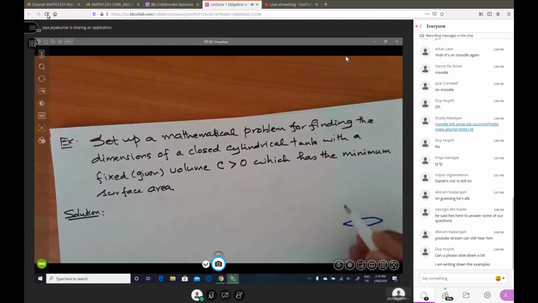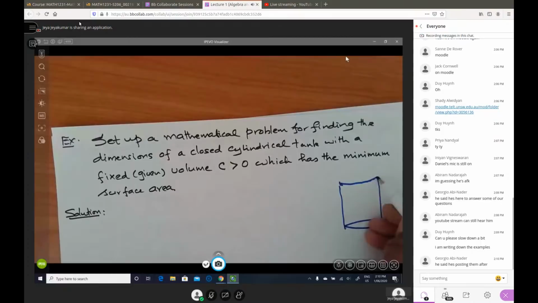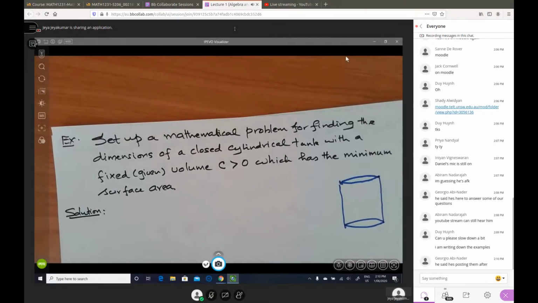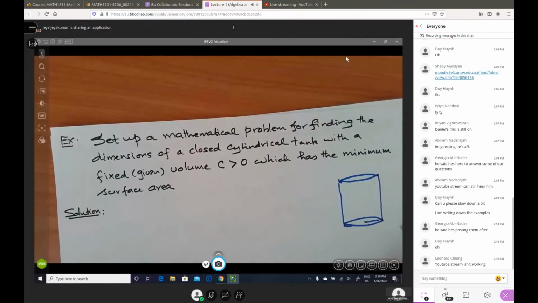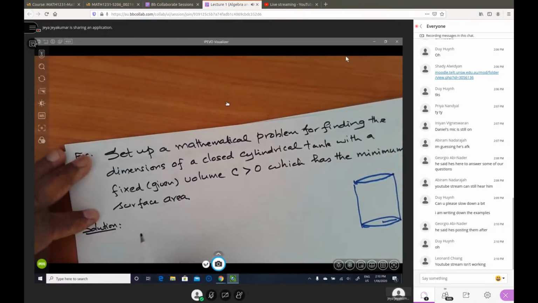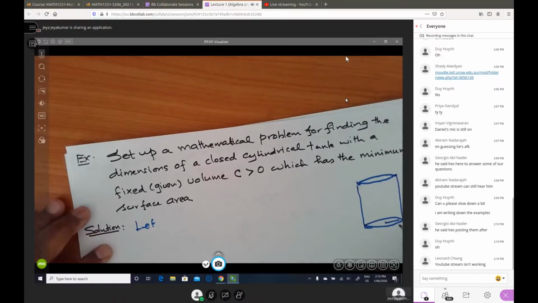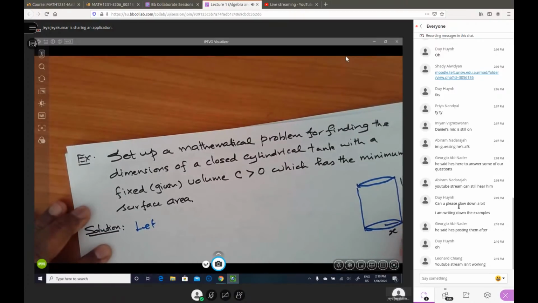So we're talking about a cylinder, closed cylinder. Okay. So first step we need to do is to define the variables, right? So let x equal the radius of the cylinder.